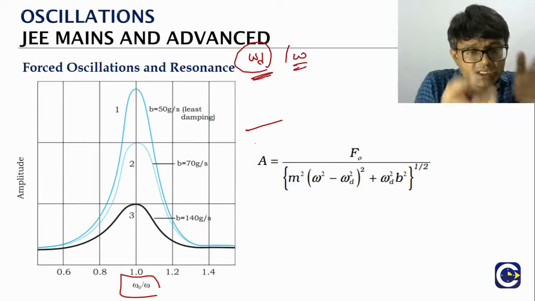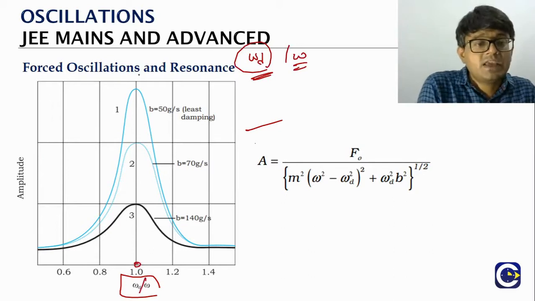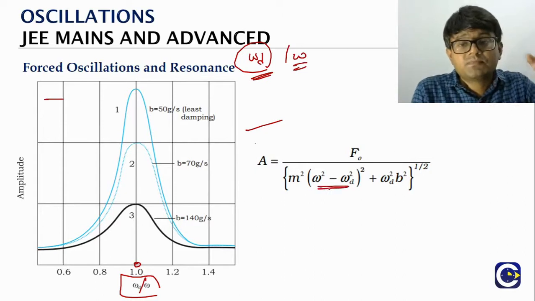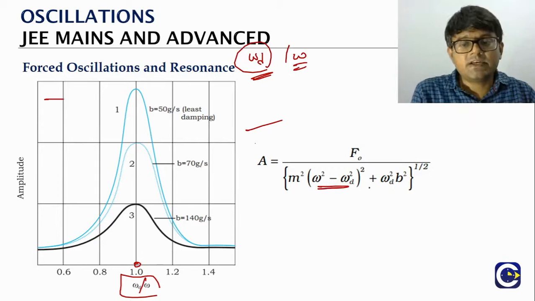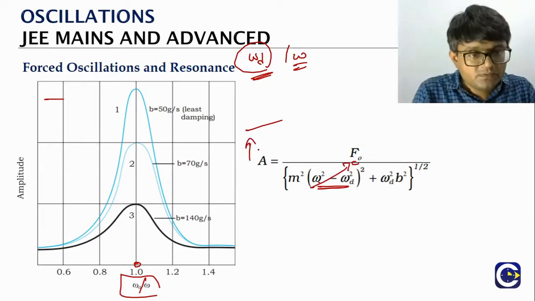When they are approaching each other, the omega d by omega ratio approaches 1. We can see that the amplitude will reach its peak, because here in the denominator everything is non-negative. So when omega square and omega d square cancel each other, that's when the A is going to have a peak value.